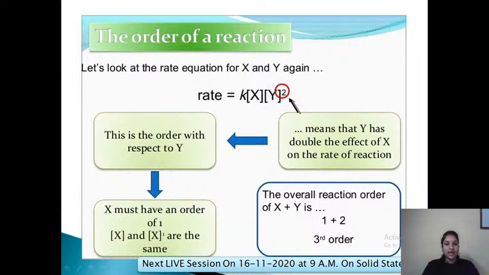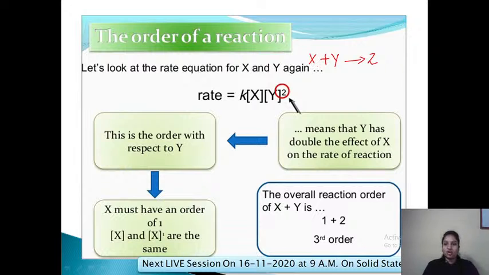Okay, now let us look at any particular chemical equation. X plus Y gives Z. Now how can I write rate of this particular reaction? Rate is equal to k X raised to whatever power is there. As I said, it may or may not be equal to the stoichiometric coefficient, right?